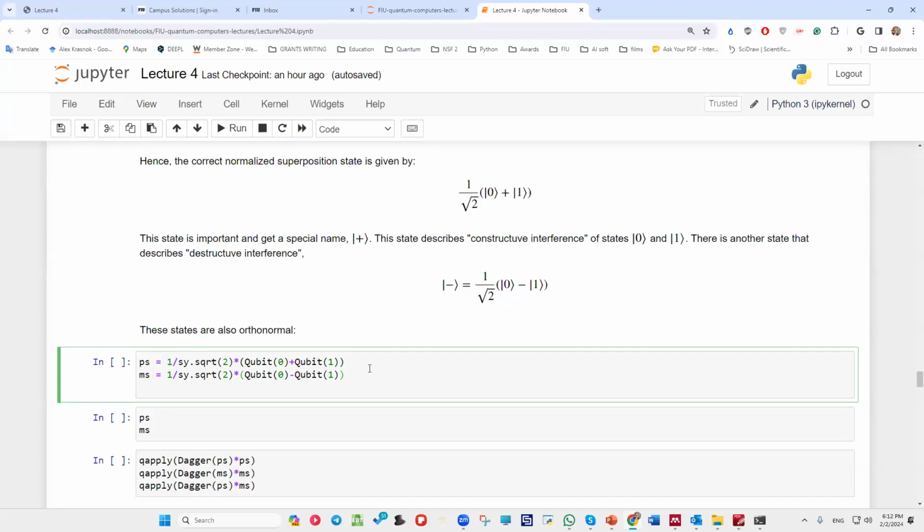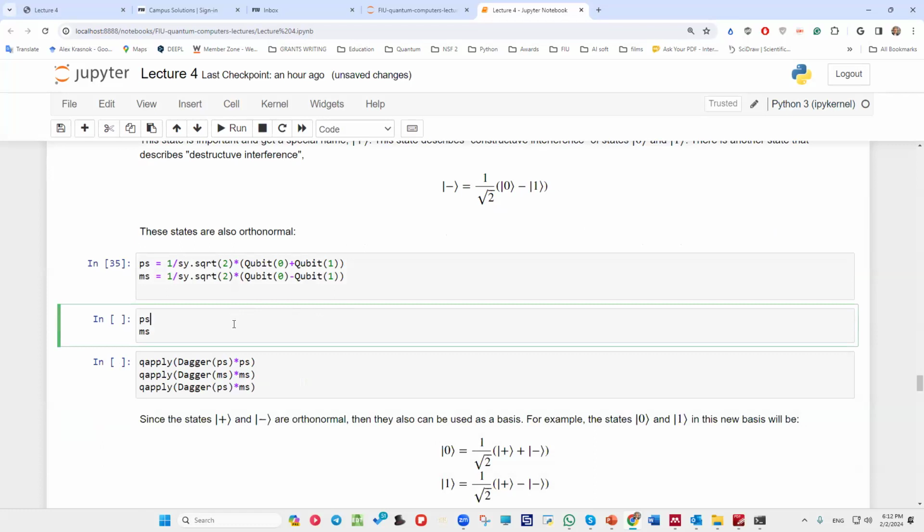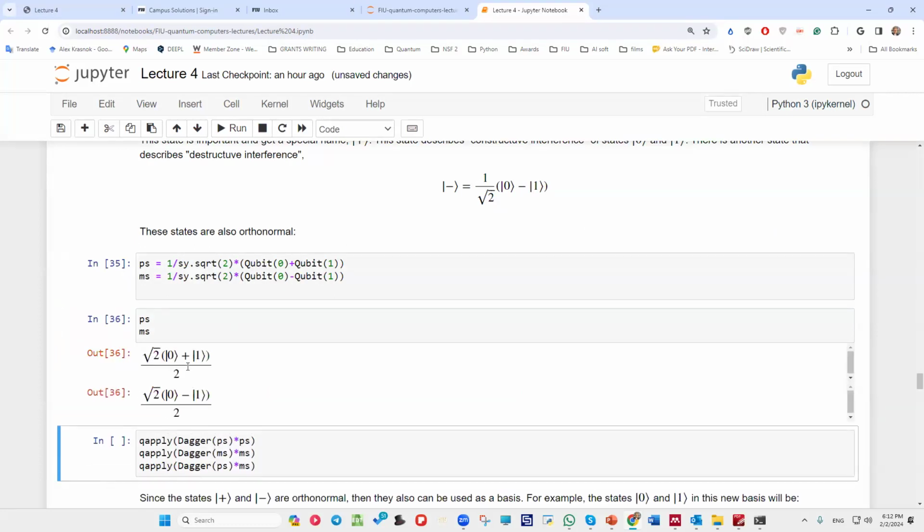Now I wonder if these states are orthonormal. To do so, I give names to the states, right? Plus state and minus state here. So now I have these two new states. I can check that indeed these are my states.